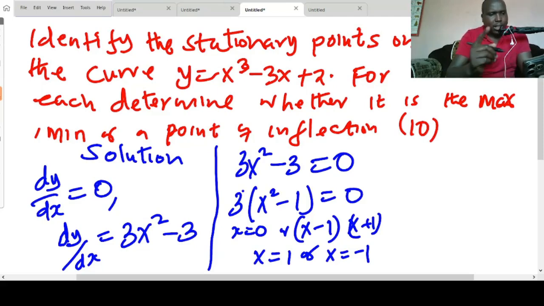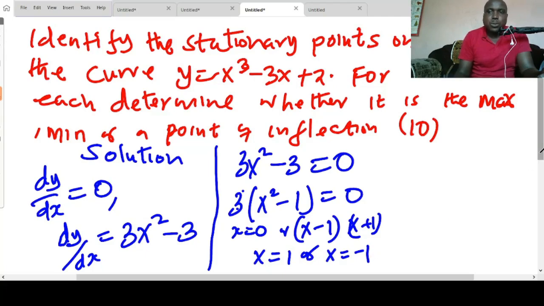The 3 divided into 0 is 0, so that's nothing there. Now our value of x is equal to 1 or x is equal to negative 1.